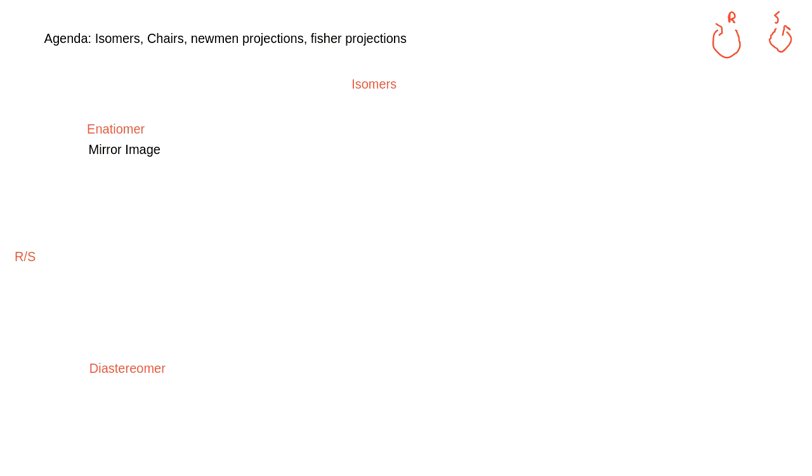Okay. And then another side note is all chiral carbons must flip. Okay. Whereas diastereomer, at least one chiral carbon must flip. Okay.